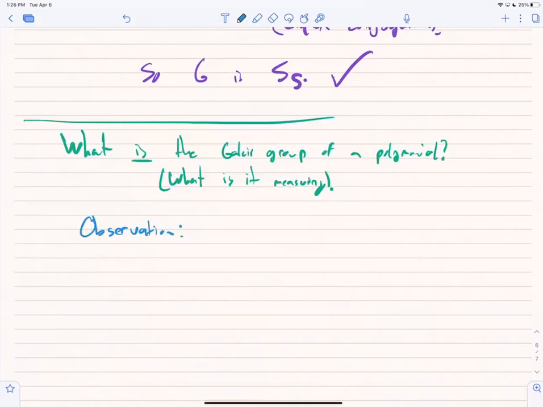We've seen some of those examples now. So the Galois group of x to the n minus 1 is the same as the Galois group of phi n.